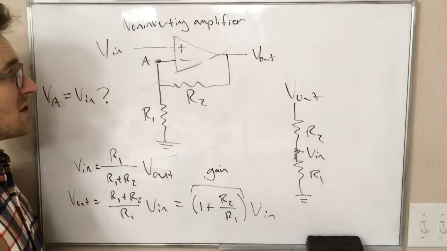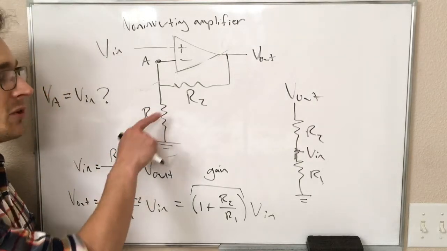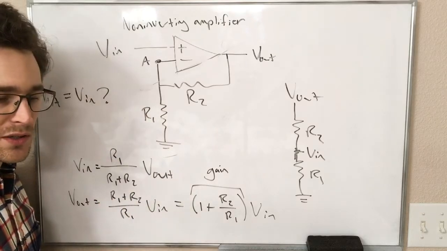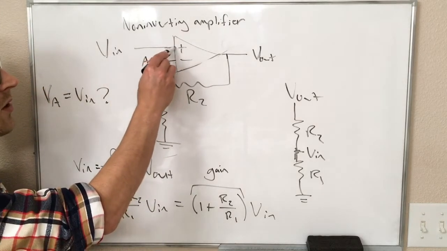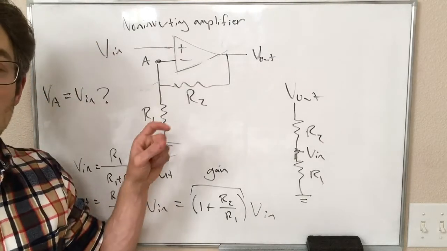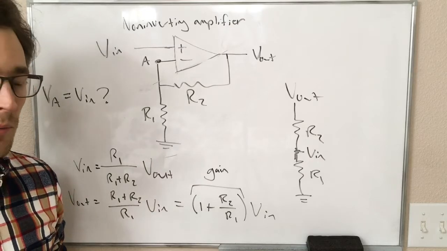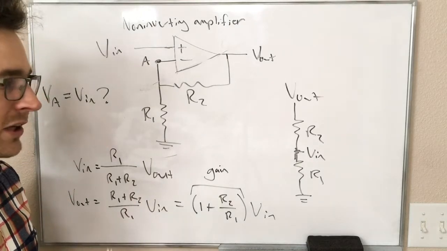Another important difference is that for the inverting amplifier, our input was connected to our feedback loop and to these resistors, which means even though the Opamp inputs didn't take current from the input, the resistors do. So you do need some current in the input of the inverting amplifier in order to make it work.